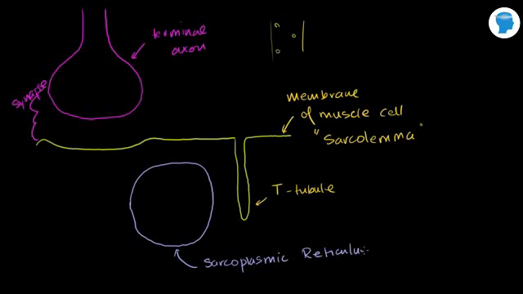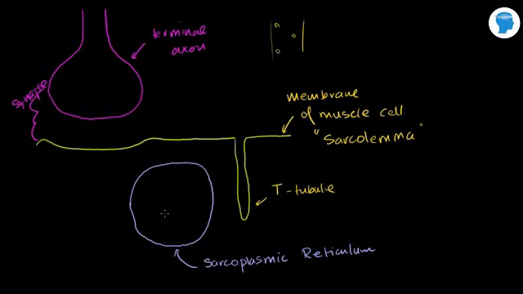And it actually is very similar to an endoplasmic reticulum, or maybe in how it's related to an endoplasmic reticulum. But here its main function is storage. While an endoplasmic reticulum is involved in protein development, and it has ribosomes attached to it, this is purely a storage organelle.